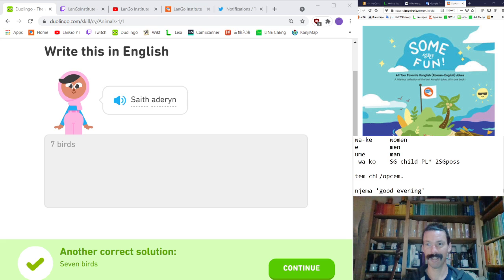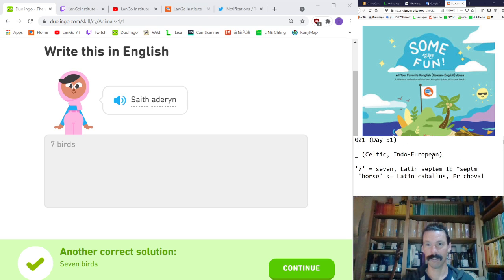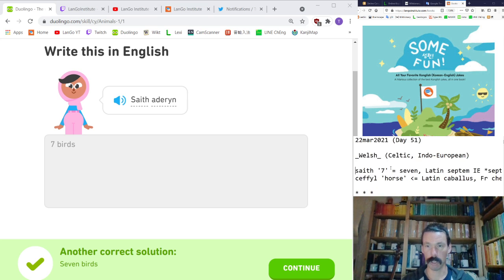Septum, saith. So the P of the original word has now been replaced. Maybe it's become this vowel sound in a diphthong, I. And the T has become a fricative spirant sound, th.